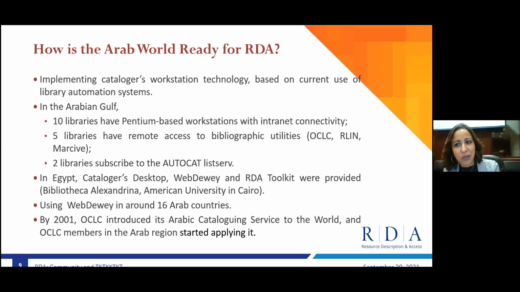This is not only what we have. We found that 2 libraries already subscribed to the AutoCAT listserv. When we were searching, we found only 2 libraries, and 5 libraries have remote access to bibliographic utilities like OCLC.